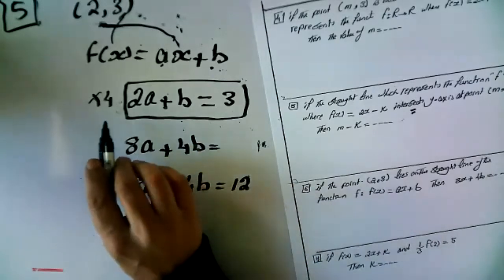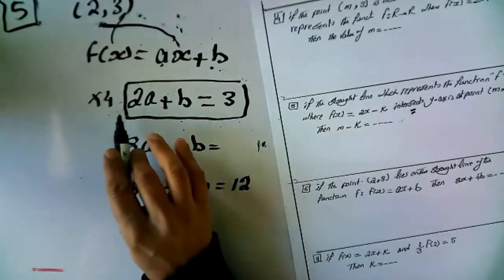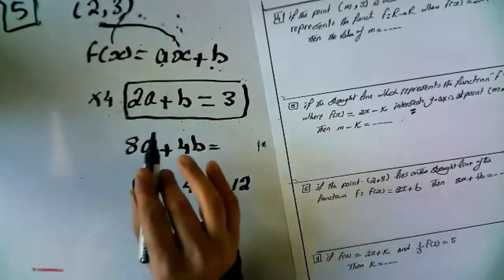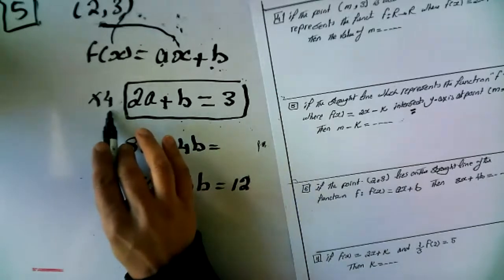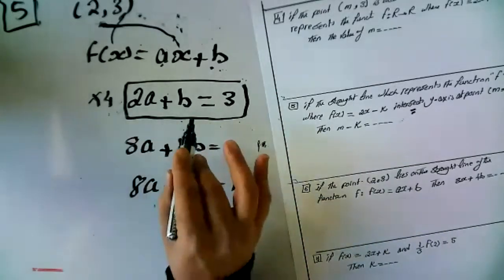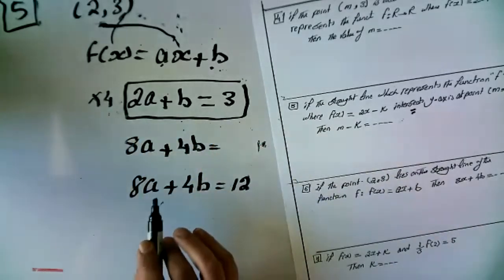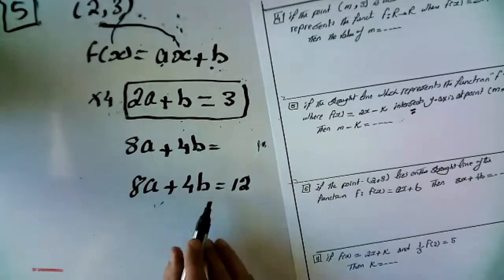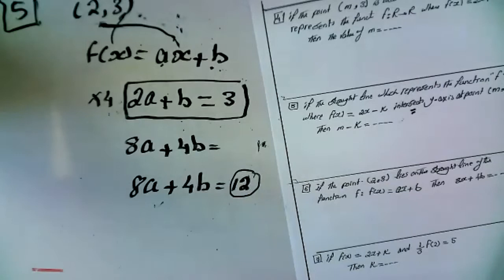Because when we multiply an equation by a constant number, we multiply all the terms, left-hand side and right-hand side, by the same number 4. Then 8a plus 4b equals 12. Okay?